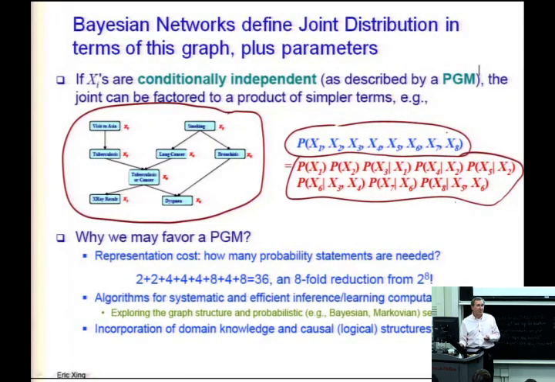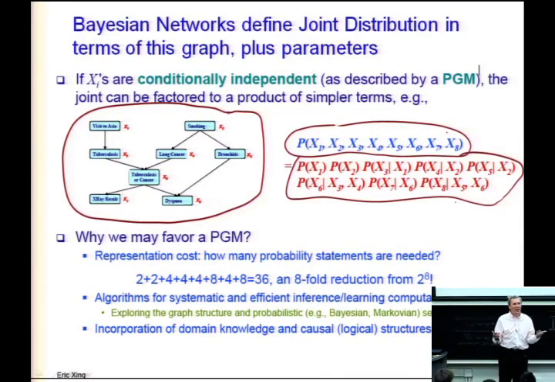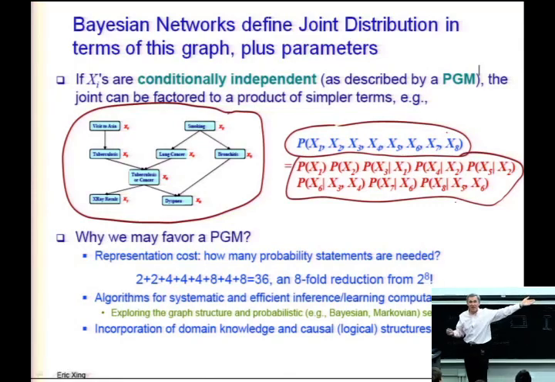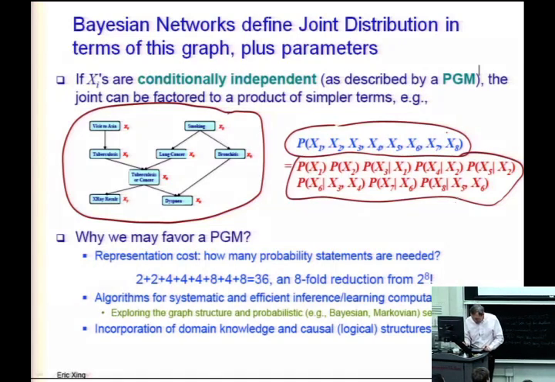And the graph as a whole tells us how we can represent the joint distribution over all the random variables represented by the graph nodes, how we can represent that joint distribution as the product of a number of simpler distributions. And if you think back again to naive Bayes, that's basically what it gave us, right? It let us write the probability of x1, x2, x3, and x4 given y as the product of these other simpler terms, the probability of x1 given y times the probability of x2 given y. But now you can see here from the form of these distributions that they can be more complex.